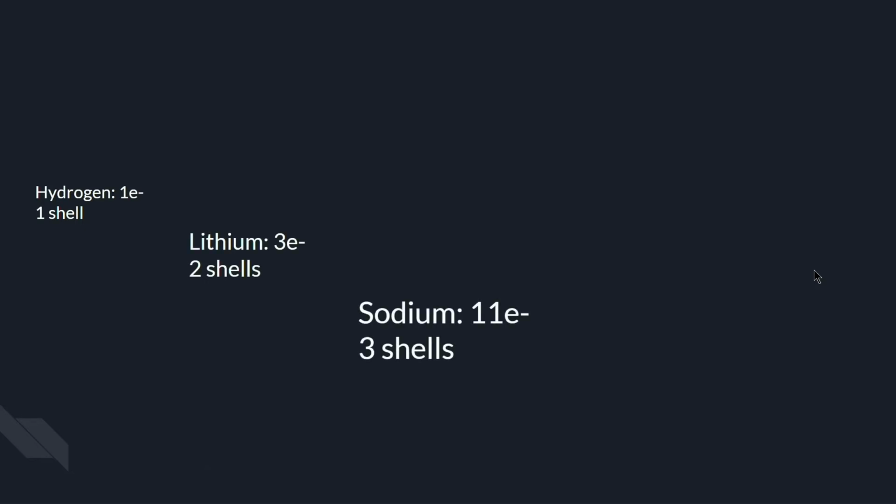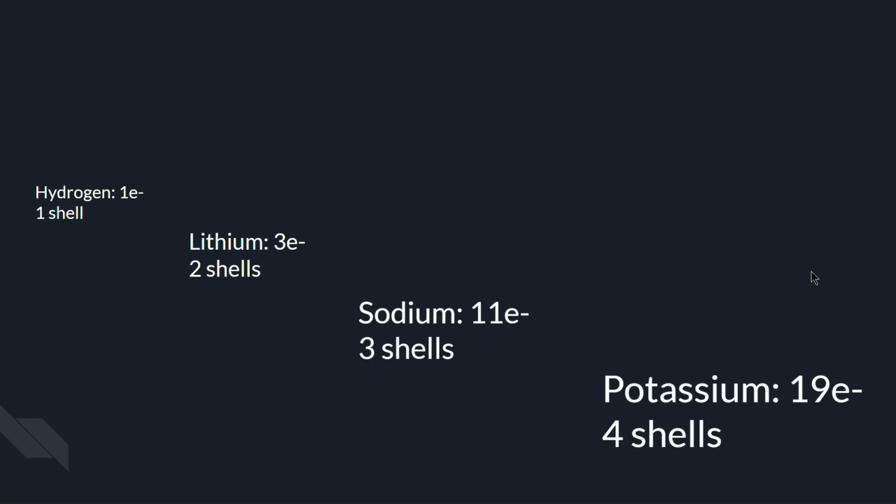So we've got hydrogen, lithium, sodium, and potassium. In this case, I also told you about shells, so the number of shells that they have. So we see hydrogen, we have 1 shell, lithium 2 shells, sodium 3 shells, and potassium 4 shells. Just try to arrange these electrons inside the shells and hope you can spot a pattern right here.